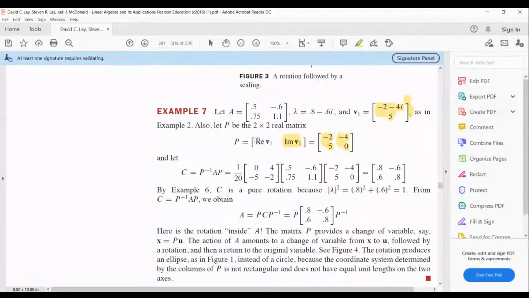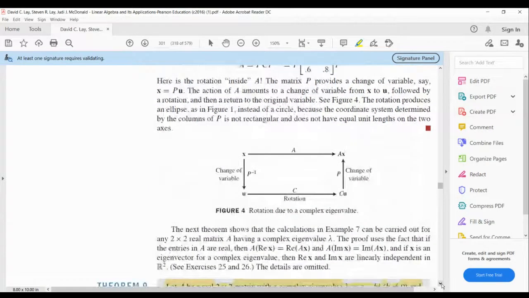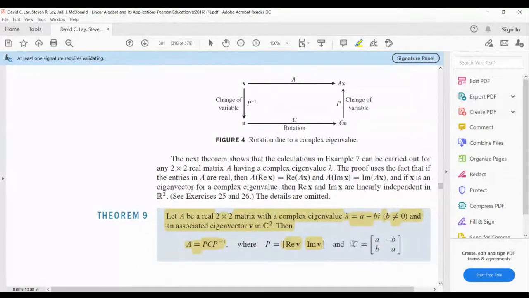That's how they're constructing P. And this is proven in exercises 25 and 26, so it is possible you'll see that in your homework. But it's an interesting result, and one noteworthy of sharing with you.